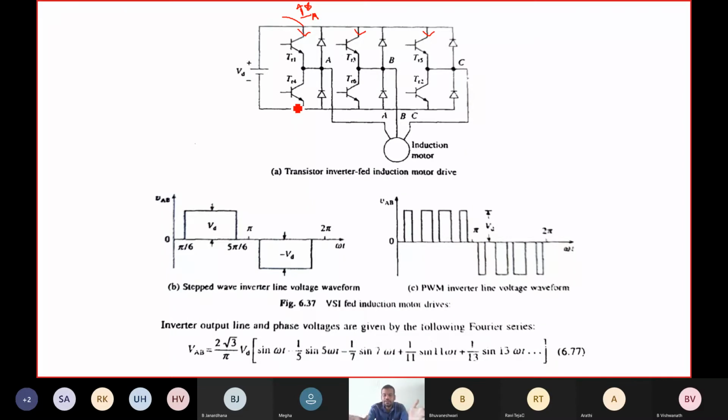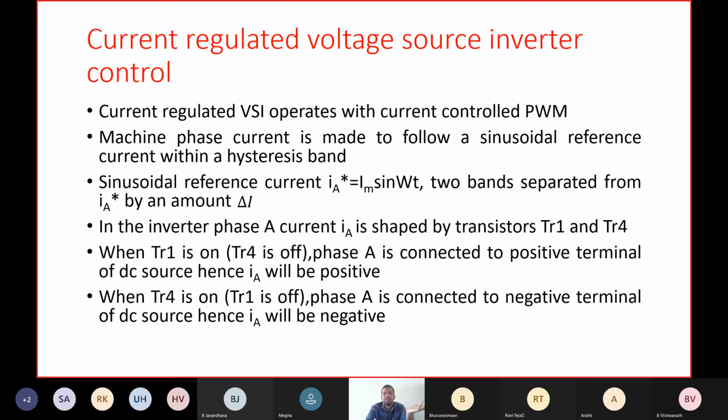That's the concept. So when TR1 is on, what happens? At that time, similarly, TR4 will be off. So phase A is connected to the positive terminal of the DC source.